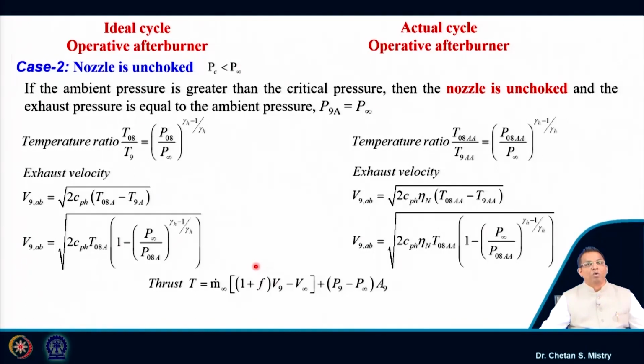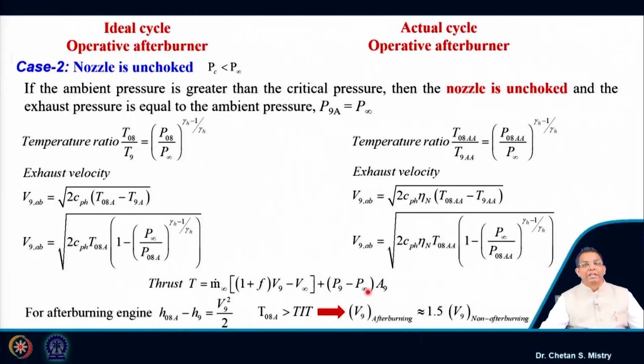Now, the thrust we are representing here is basically m dot infinity into 1 plus f, V9, minus V infinity, plus P9 minus P infinity into A9. Just realize that here my mass flow rate has increased. If we incorporate an afterburner, my delta H will be higher, and T08A is very high compared to my turbine entry temperature.